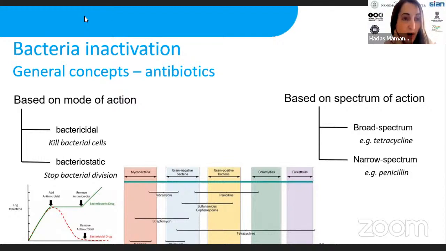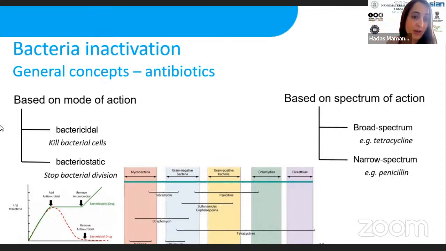Nanomaterial-based therapeutics are promising tools as they can combat bacterial infections, which are really difficult to treat, featuring the capacity to evade existing mechanisms associated with acquired drug resistance.